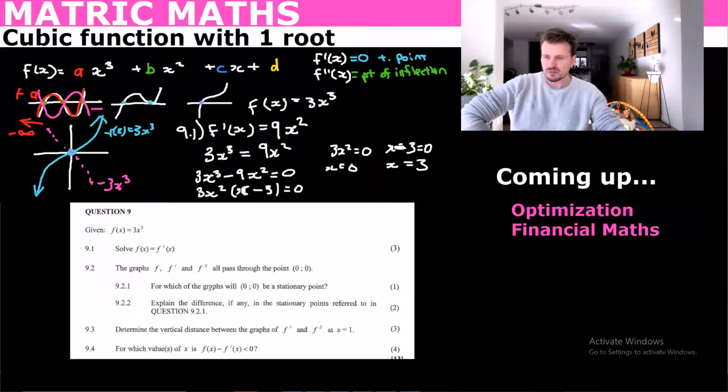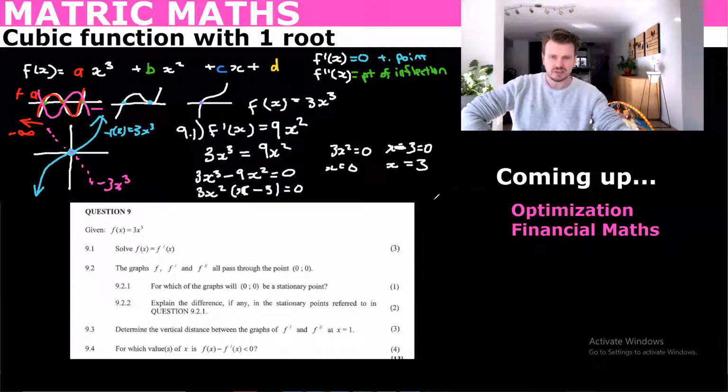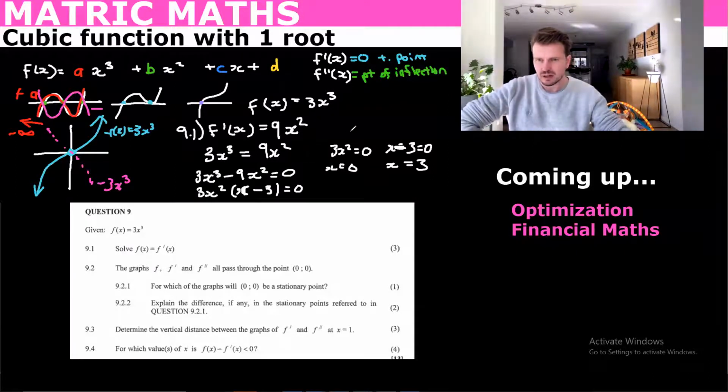For which of the graphs will 0 be a stationary point? Okay, so what I want to do is actually draw in the f dash of x. I'm going to underline this in yellow, f dash of x.